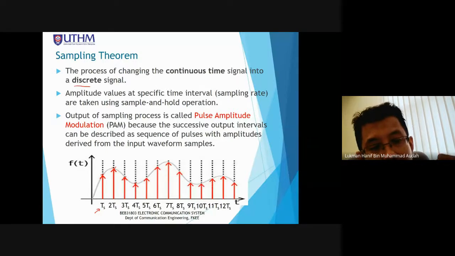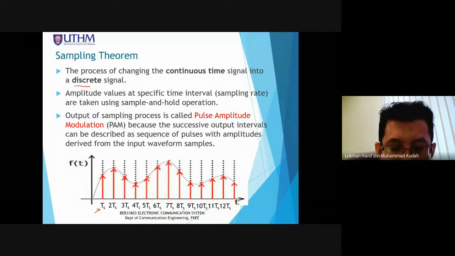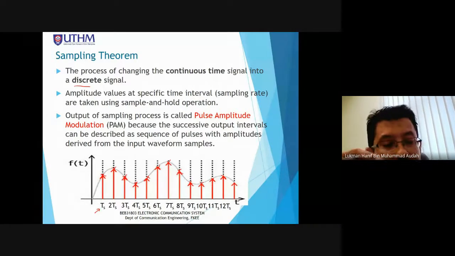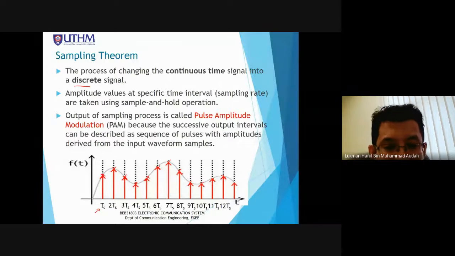So the point here is that we will take sample at the sampling time. Okay, kita akan ambil value-value dia. Dan sekarang kita dah dapat maknanya kita akan hasilkan signal yang merah ini, maknanya dia akan ada discrete time signal.